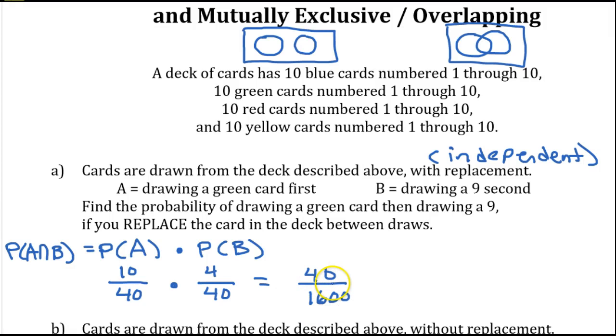But if I were to reduce this, sorry, I messed that up a little. This would reduce down to 4 out of 160, so that would be 1 out of 40. So any one of these could be the answer.